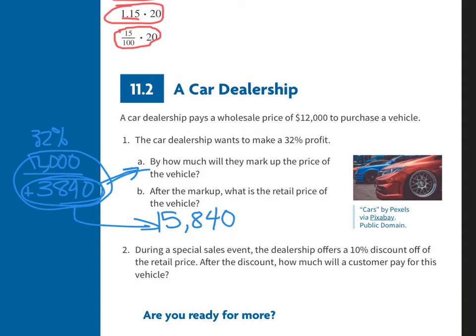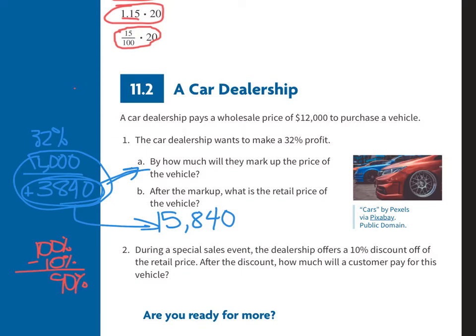During a special sales event, the dealership offers a 10% discount off the retail price. After the discount, how much will the customer pay for this vehicle? So we can do what we did last week because we don't need to find the partial amount. We can just find the total amount. So 100% minus 10% is 90%.